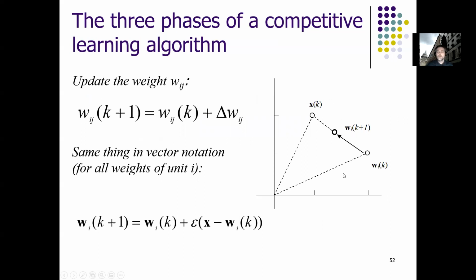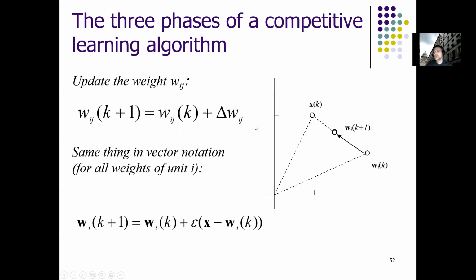I have an example here to show you how things work graphically in a 2-dimensional space. I'm going back again to the initial formulation of the rule. We said that generally what happens in a neural network is that the new weight, the weight at the new iteration, is the old weight plus some kind of correction. It's exactly the same idea here.